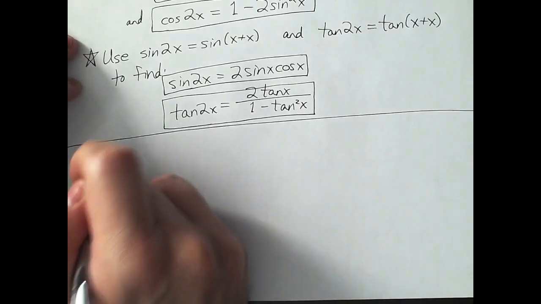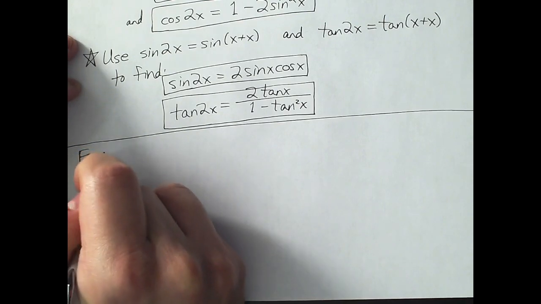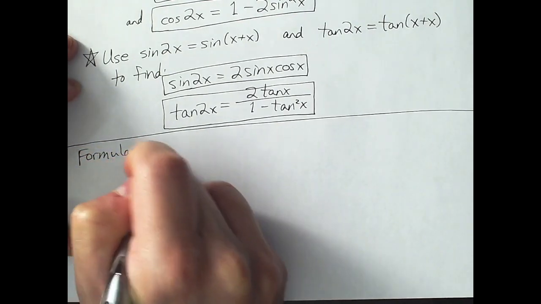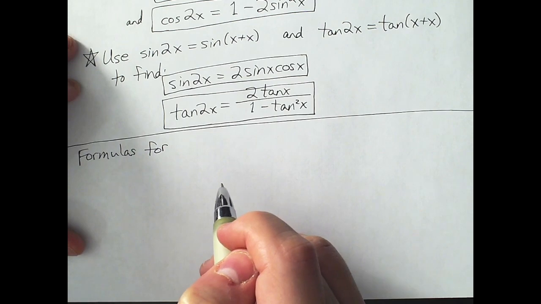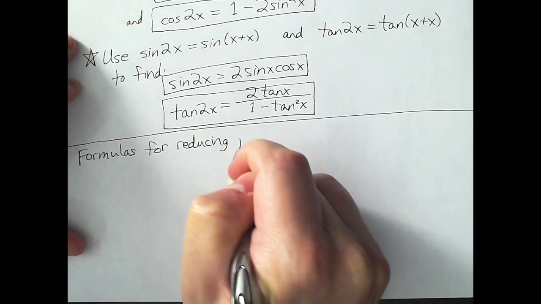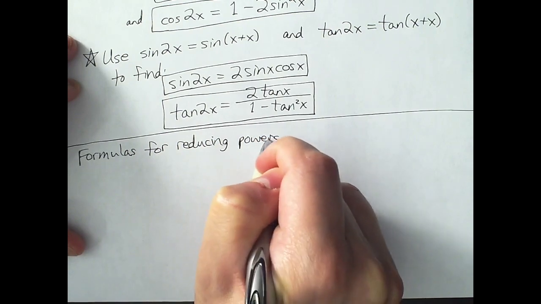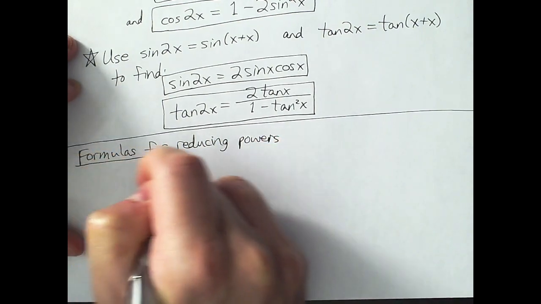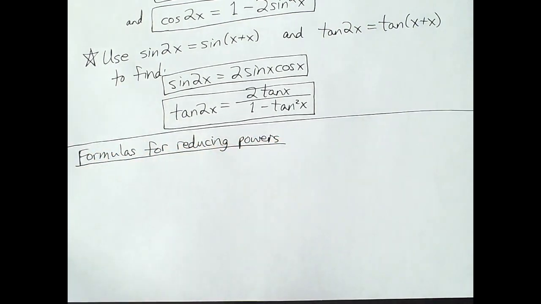And now let's talk quickly about formulas for lowering powers or reducing powers. So, at the beginning of this video, I said that on our reference sheet, I think there were 4 different categories of trig identities that we hadn't gotten to yet. Formulas for reducing powers was one of them.